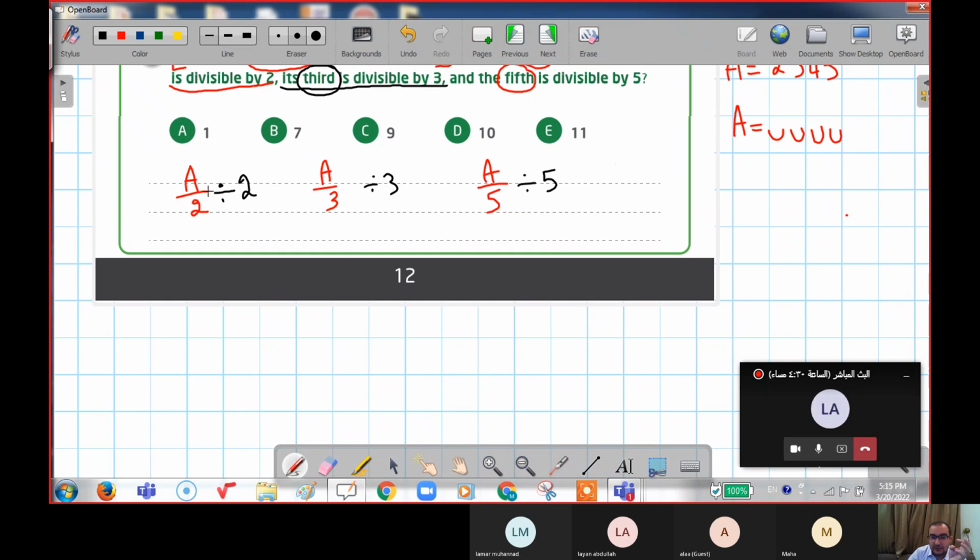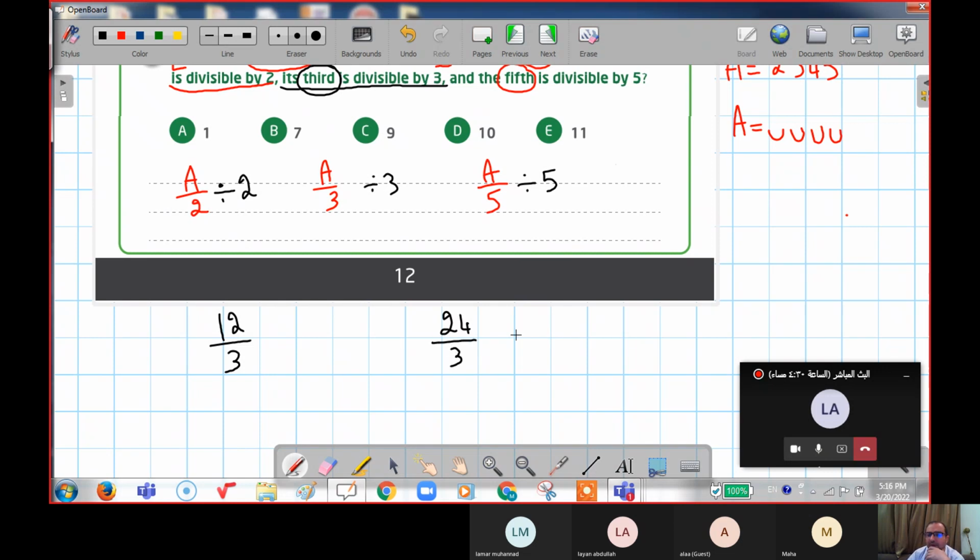When you give any number, for example, 12 over 3. Well, I'm going to give you another example. 24 over 3.